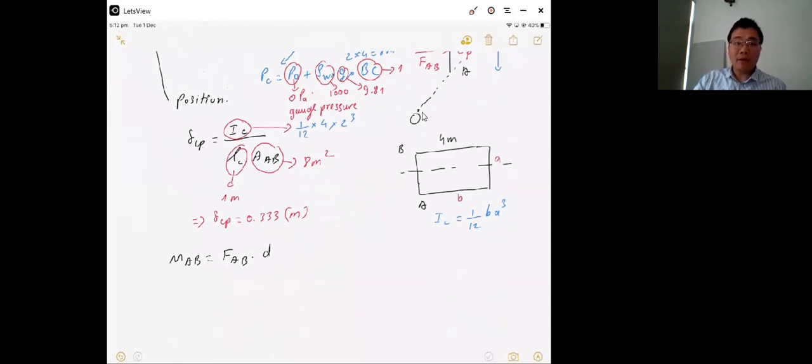A in this case is a short side and B is a long side, in this wall OAB. Only in this case.